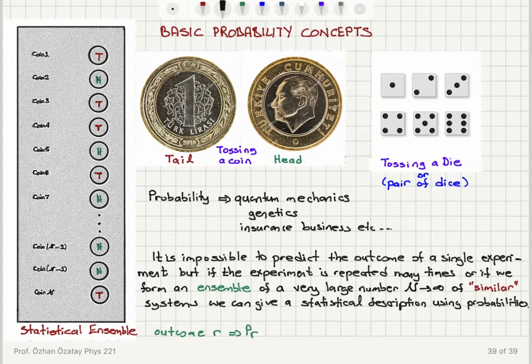The probability of getting an outcome R in an experiment is defined as the number of occurrences of that outcome in an ensemble of n similar systems. So n is very large, n goes to infinity. So that is the definition of probability.